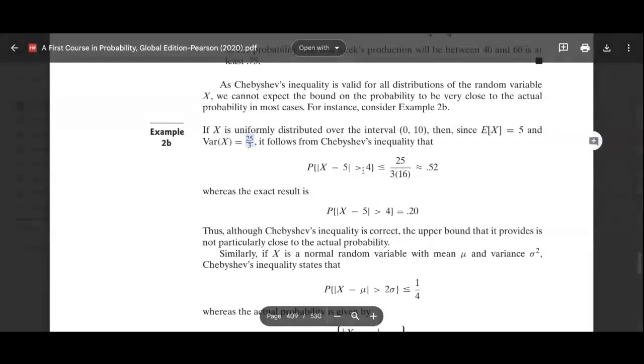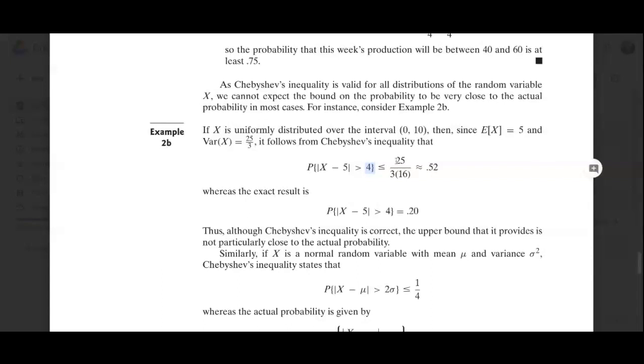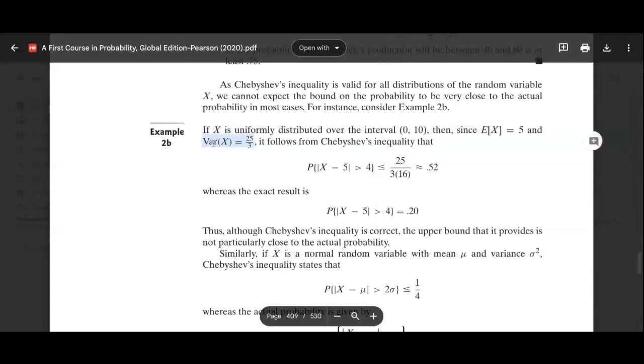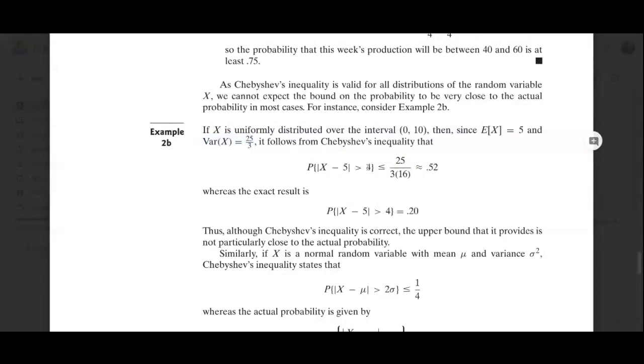Variance divided by 4 squared. Okay, so we know where this number comes from. 25 over 3 is sigma squared, and k is 4, since it's X minus mu. So k squared is 16.